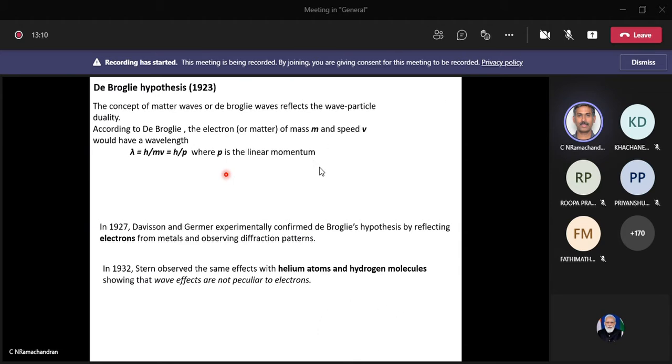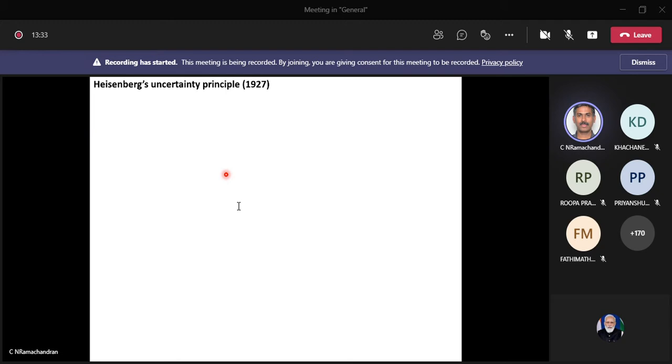For example, even here you can see that not only for electrons, not only fundamental particles, even for atoms and small molecules, this is true. Through various experiments it was proved. So the idea of de Broglie is that matter has both wave nature and particle nature.